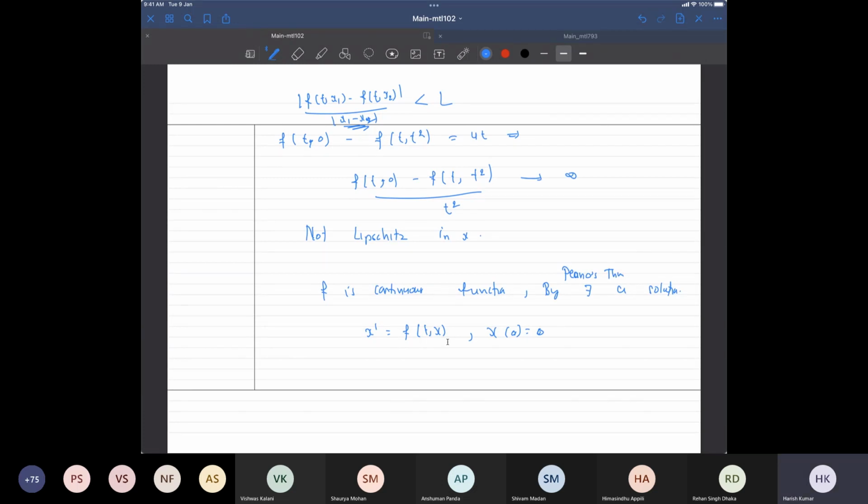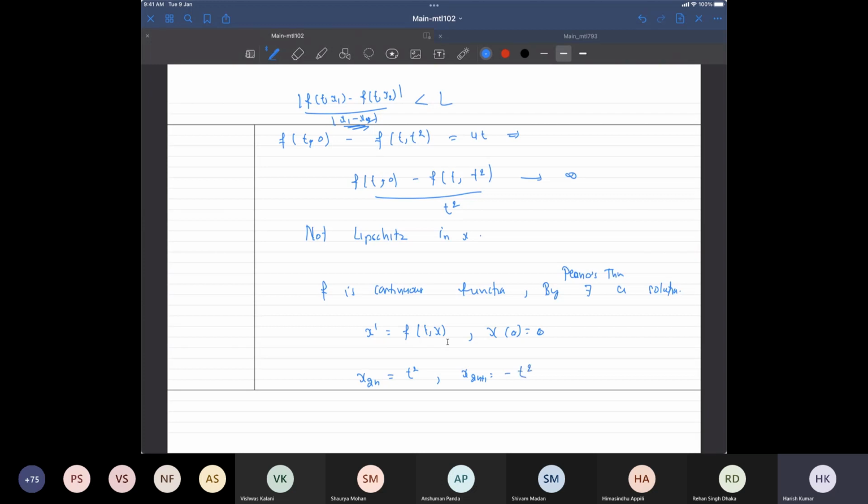Now before I go forward and do that, please note that in this case, if you compute the Picard iterations for this initial value problem, they will be highly oscillatory and they won't converge. You should check, and I'll just give you what they are. Basically what you get is x_{2n} will be equal to t², and x_{2n+1} is equal to minus t².